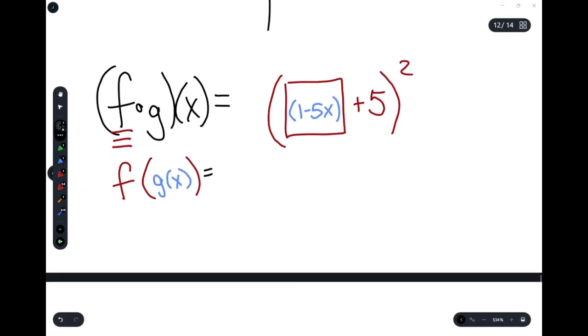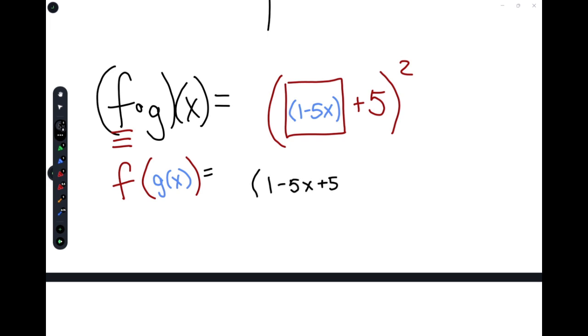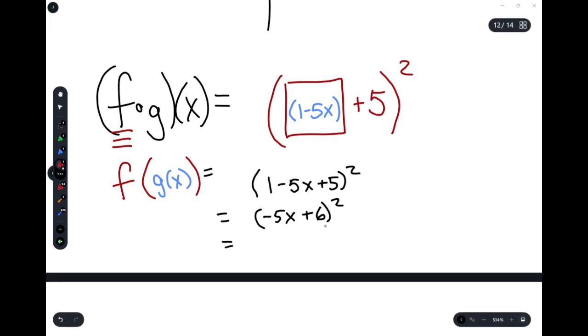Y'all kind of see what I'm talking about there with the inside-outside functions? That's kind of how me and my last class finally sorted it all out. So now we're talking 1 minus 5x plus 5 squared, which is negative 5x plus 6 squared. And y'all are masters of FOIL, right?